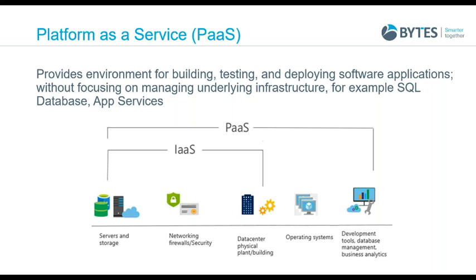So an example could be something like an Azure App Service, where instead of running a virtual machine with IIS or Apache to provide a web application, you're utilizing App Service and making use of that service rather than a virtual machine, rather than having to worry about managing and maintaining the runtime libraries, the IIS and the operating system. Instead, you just worry about provisioning the service itself and making sure the service is adequate for your users.